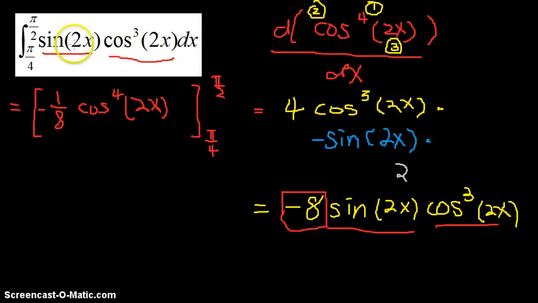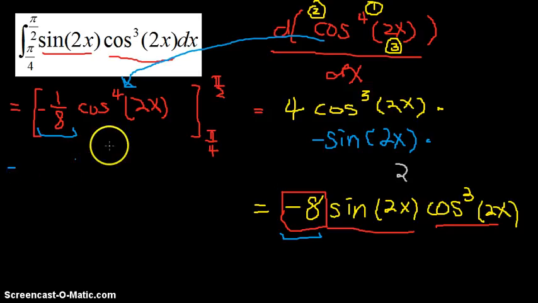Apart from that negative 8, I can take care of it with this negative 1 over 8, and everything else just goes in. Now this is the easy part. I'm just going to evaluate the value.